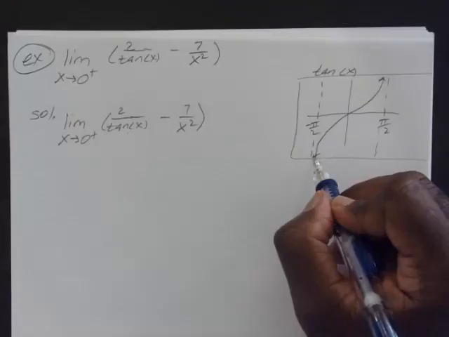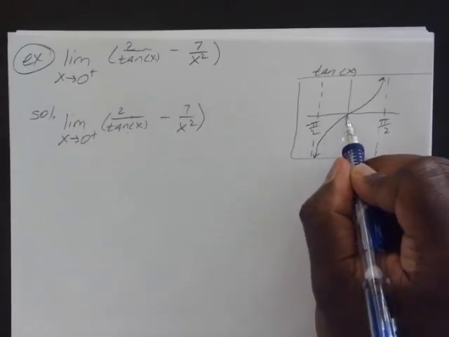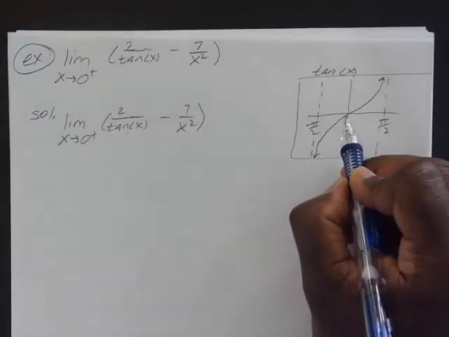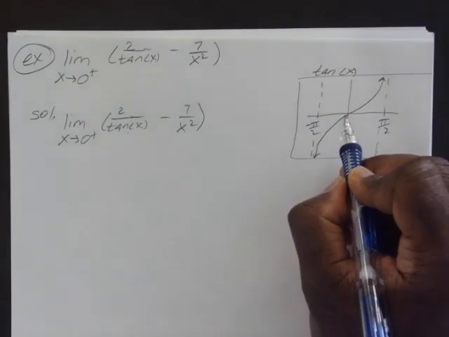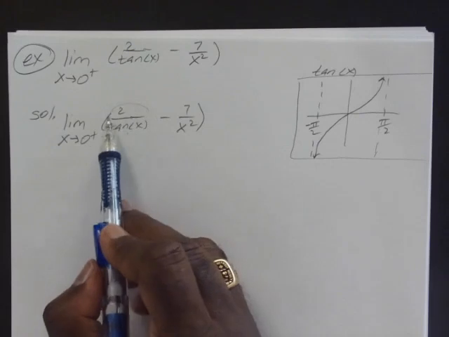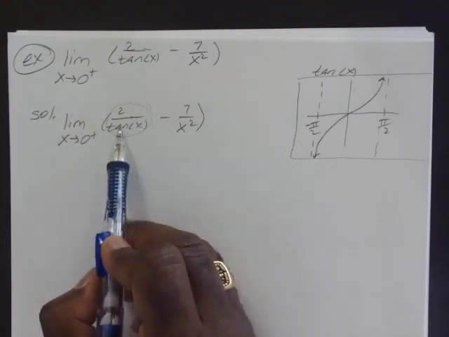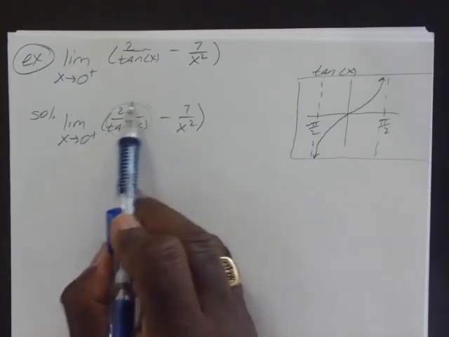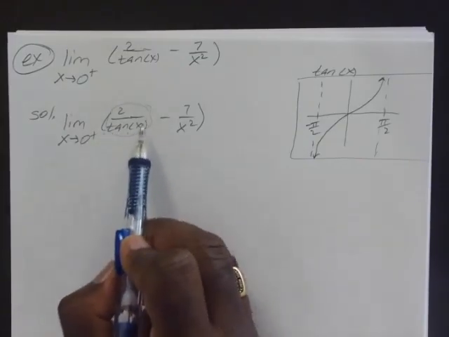Okay, so we see as x approaches 0 from the right, the value of x is getting smaller and smaller, which means that if you have a constant divided by a number getting smaller and smaller, that entire thing is just getting bigger and bigger.